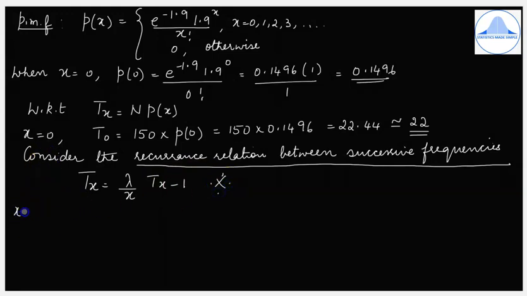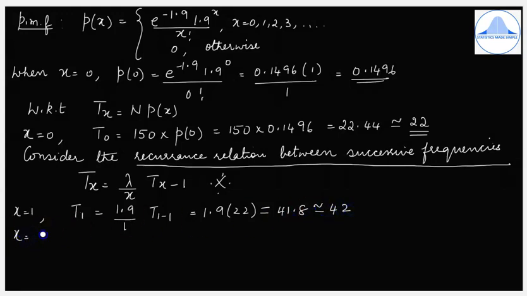Now put x equal to 1. So T1 is equal to 1.9 divided by 1 into T1 minus 1, which is equal to 1.9 into 22, which is equal to 41.8, which I'll approximate to 42.